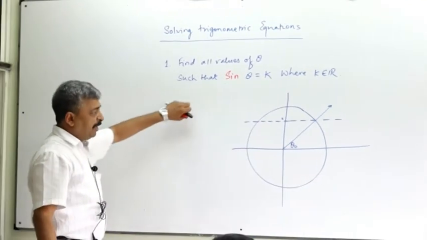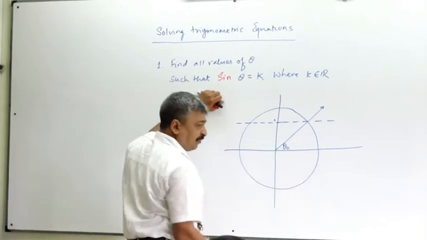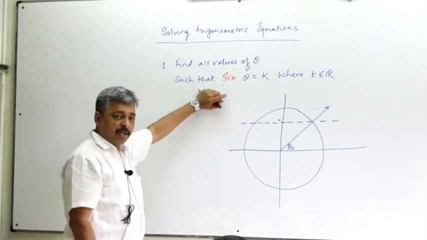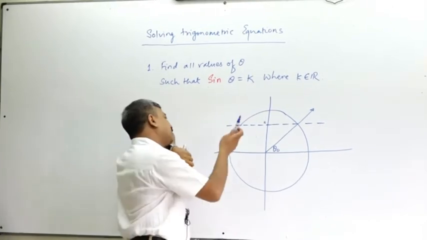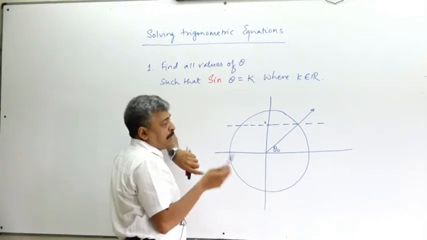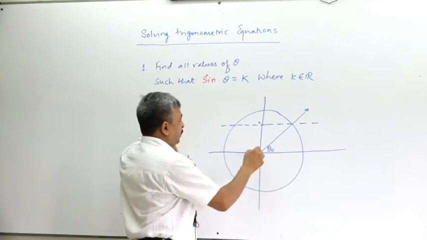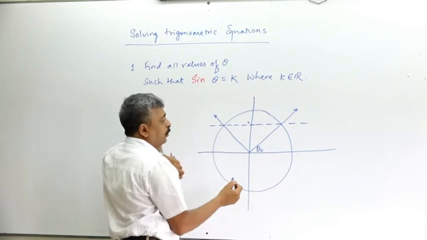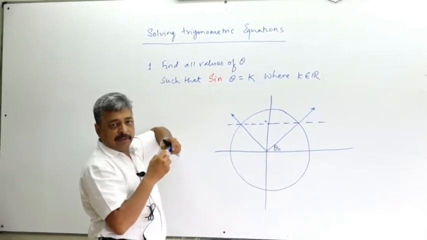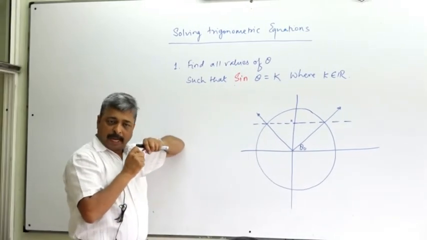So principal value of theta naught is this terminal ray, fine. But because for some other angle also the sine value will be k, what about that terminal ray? That is this terminal ray. Also sine theta will be equal to k.